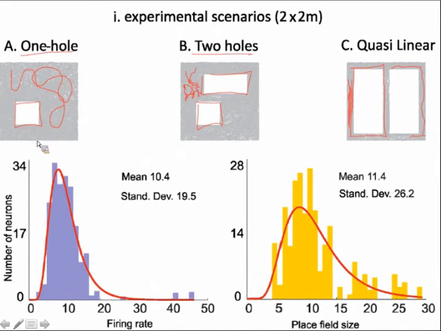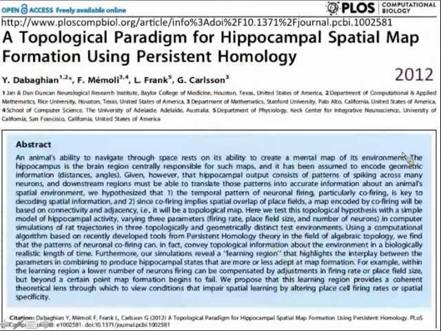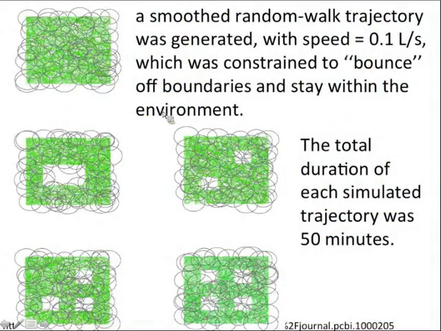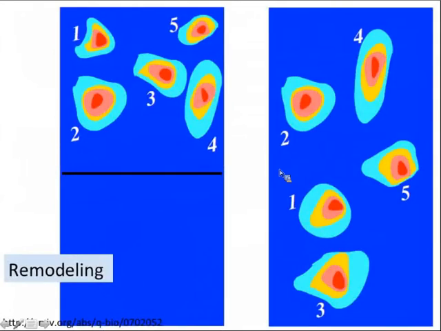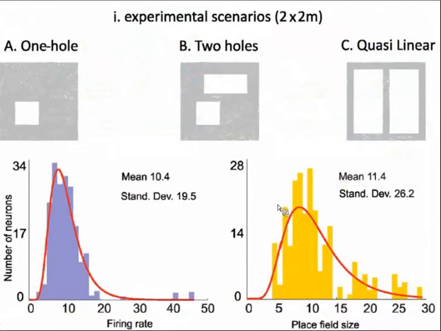Those are the three spaces that the 2012 paper looked at, as opposed to the 2008 paper, which looked at these spaces instead. But they are all spaces that you would find in actual biology experiments. They both used the experimental firing rate distributions and experimental place field size in order to generate their computer model to get this firing pattern data. Any questions so far?